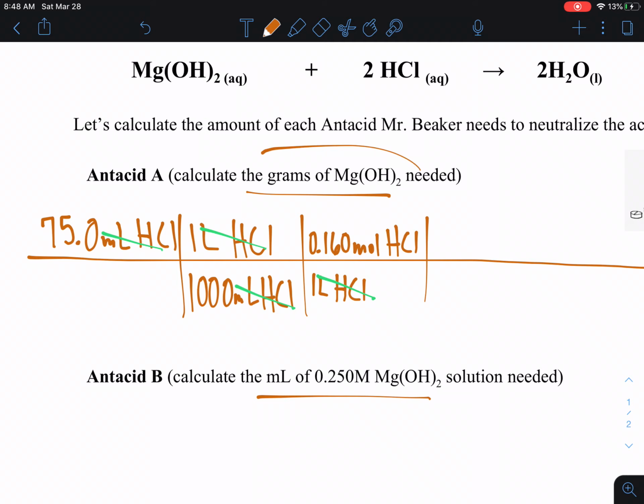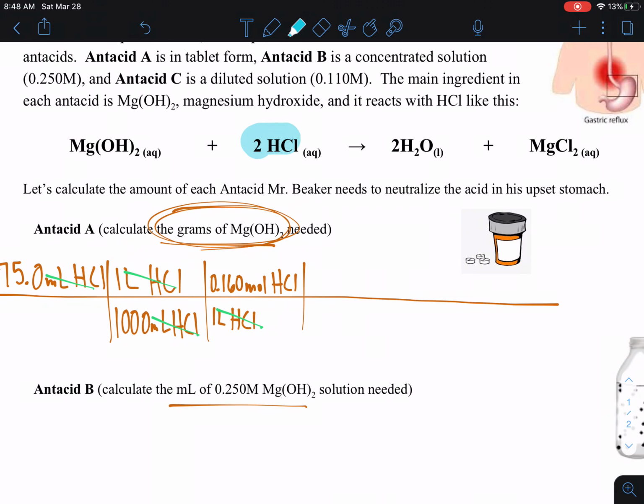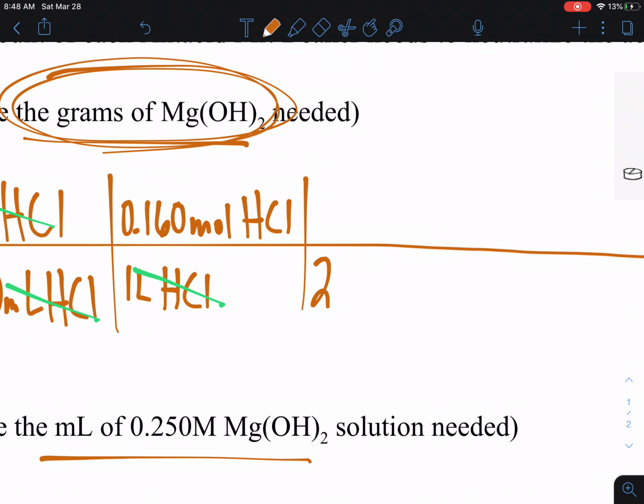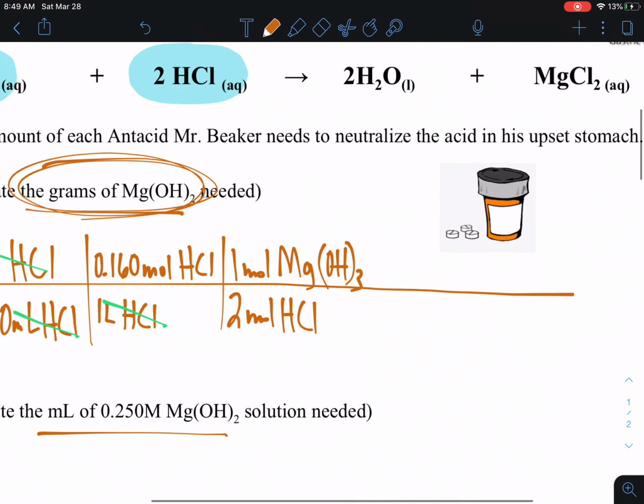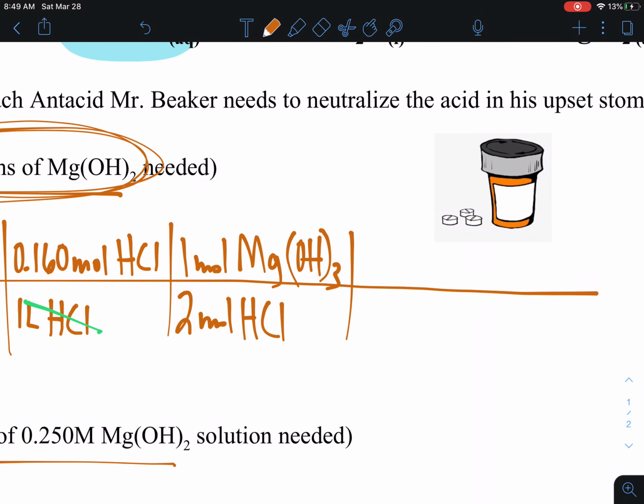We're trying to get to the grams of magnesium hydroxide, so we want to use a mole ratio between the acid and the base, 2 to 1. So for every 2 moles of HCl, there's 1 mole of magnesium hydroxide. Okay, and then would come up with grams of magnesium hydroxide.